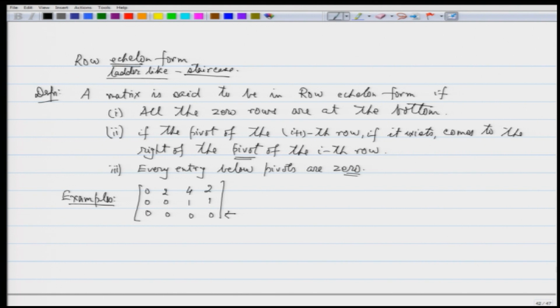Now, what are the pivots here? Pivots are, as I said, it is the first non-zero entry in each row, all right. So, these are the pivots that I have. So, I have pivot here, I have a pivot here. So, these pivots, if I look at, they go to the right here. So, this is the stair that you are looking at here, fine. Every entry below pivots are 0. So, this entry is 0 and below everything is 0. So, this is a row echelon form.